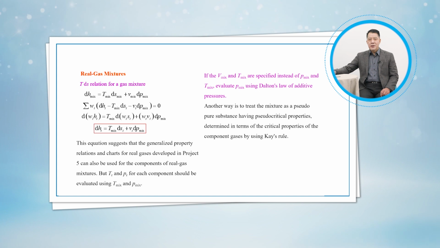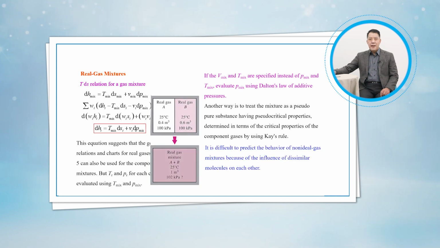The approach is quite simple and the accuracy is usually acceptable. As shown in the figure, it's difficult to predict the behavior of non-ideal gas mixtures because of the influence of dissimilar molecules on each other.